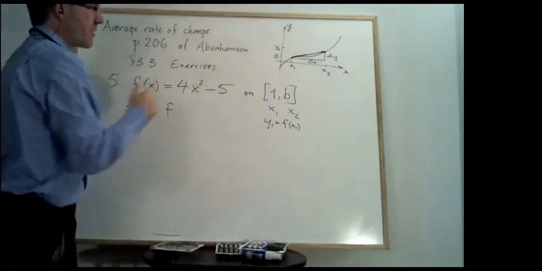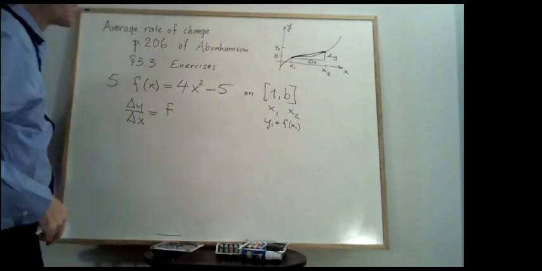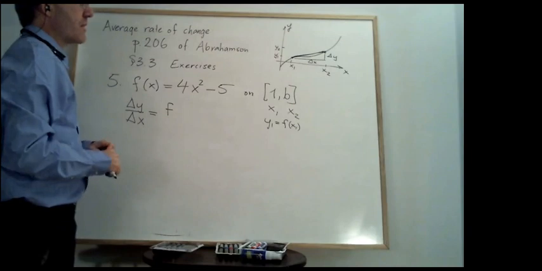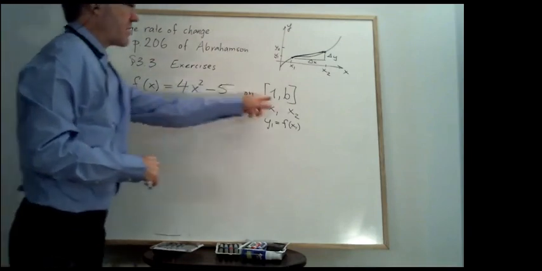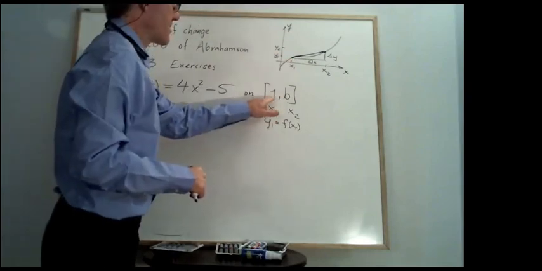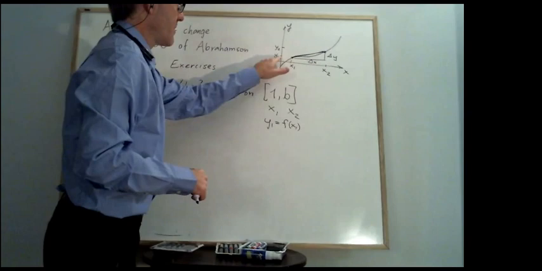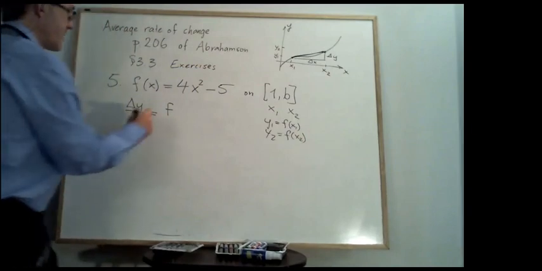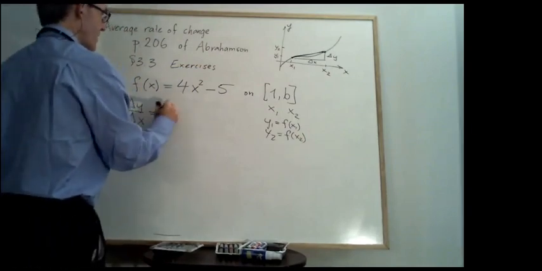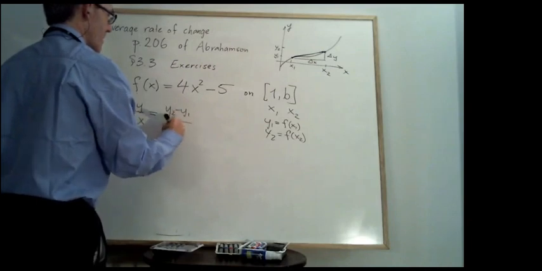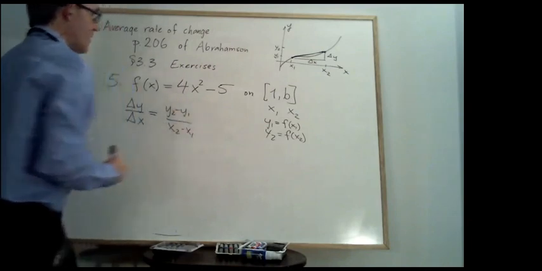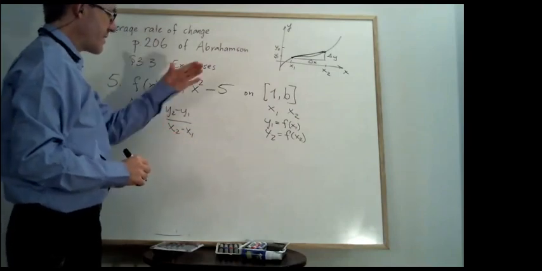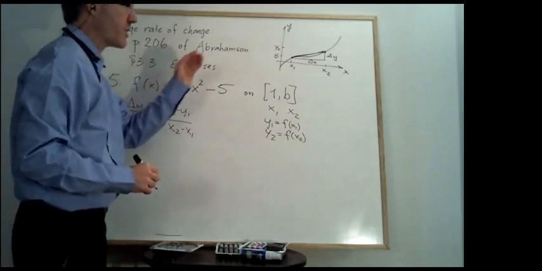And that's the meaning of the average rate of change of the function over that interval: it is the slope of the line that connects the beginning of the interval with the end of the interval. From x1 you get y1, and from x2 you get y2, and then you take the difference of the y's divided by the difference of the x's, and that's the same as the slope of the line from one point to the other.